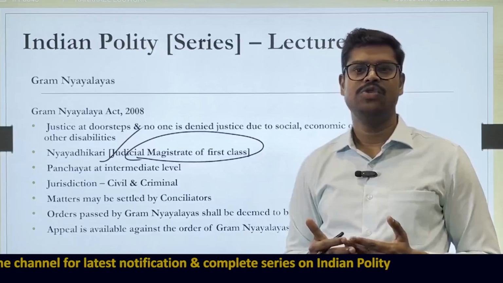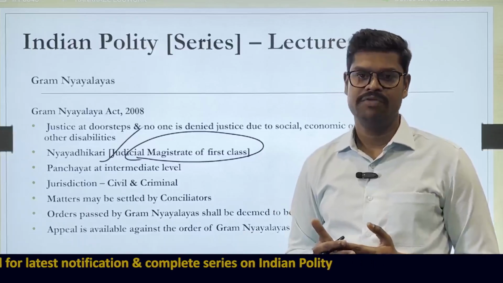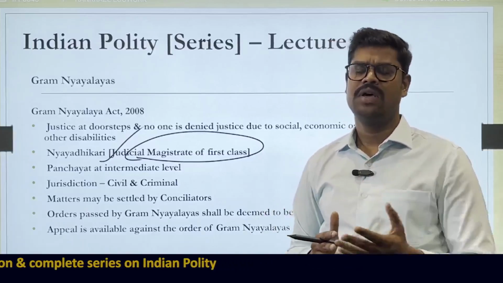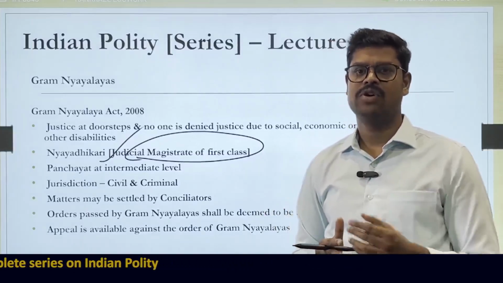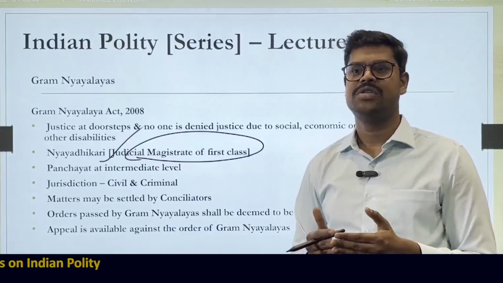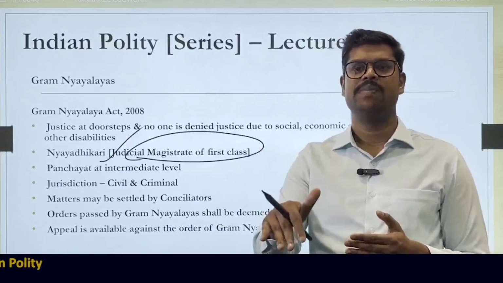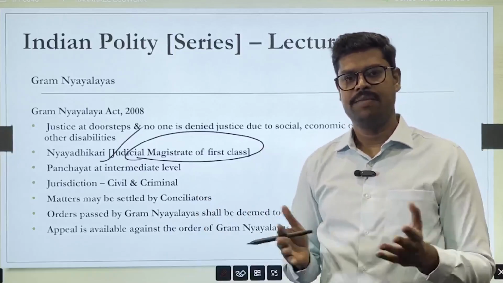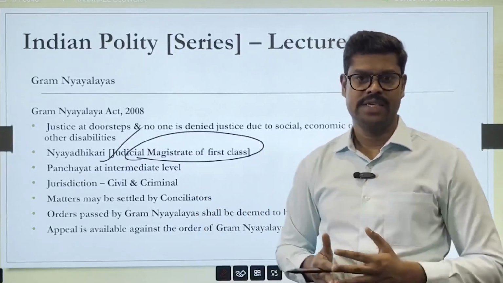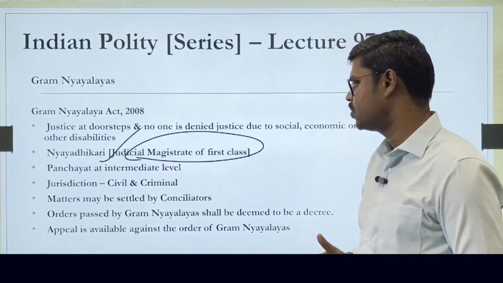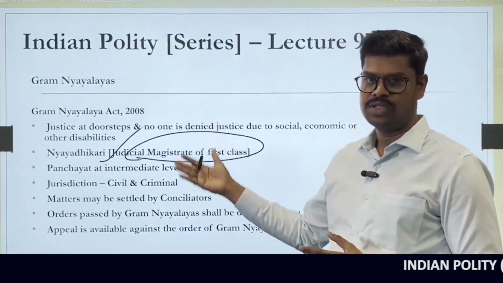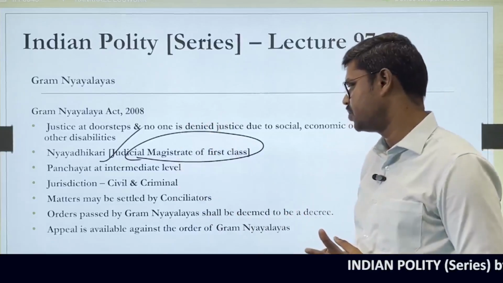If the affected parties who come to the Gram Nyayadhikari feel that they want to go for conciliation, the Gram Nyayadhikari may allow conciliation. Conciliation means that a third party can be appointed who may facilitate the process of resolving the disputes, and if the parties agree, accordingly the case may be resolved. So this is basically the Gram Nyayalaya Act, and that is how the Gram Nyayadhikari functions.